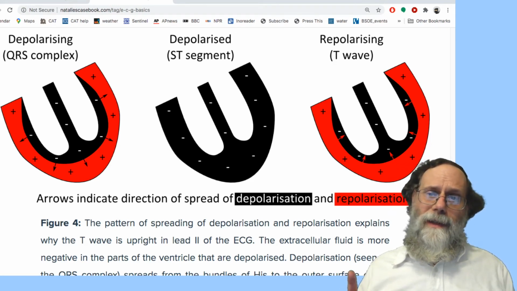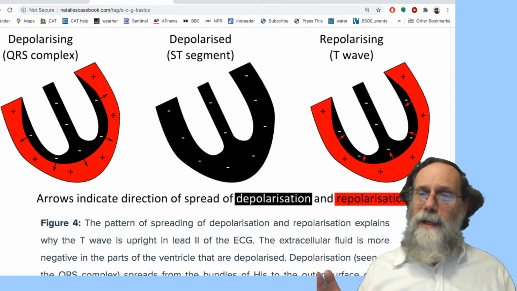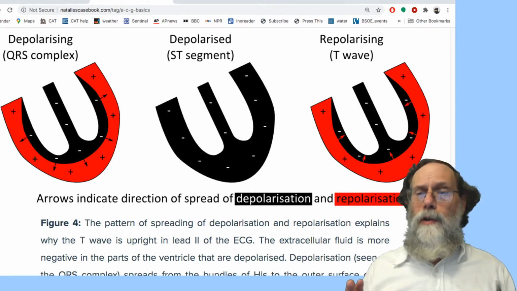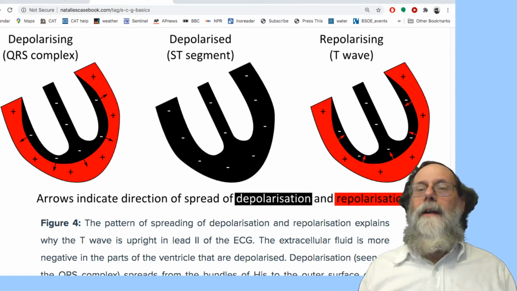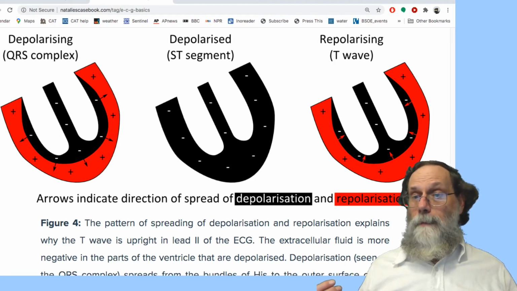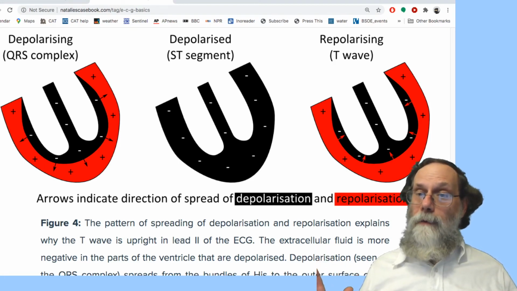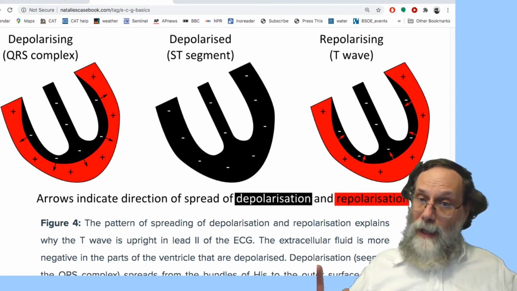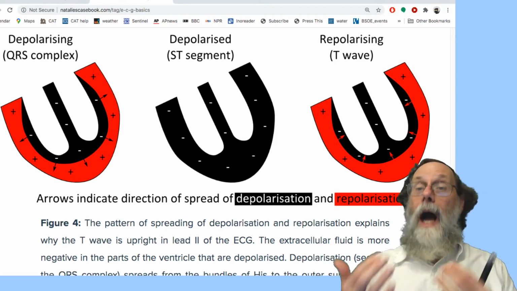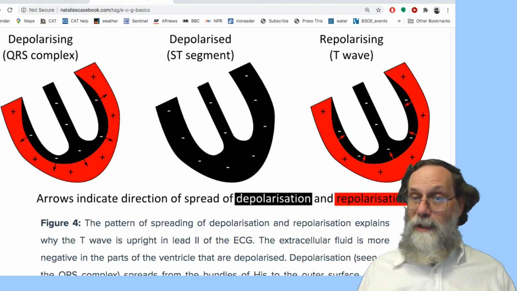The thing is that the outer cells and the inner cells of the heart don't have the same time constants for repolarizing. The outer cells of the heart repolarize faster. And so the wave for repolarizing starts at the outside part of the heart and works its way inward, the opposite direction from the depolarization wave.